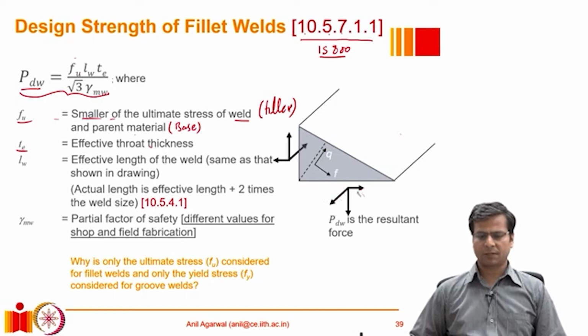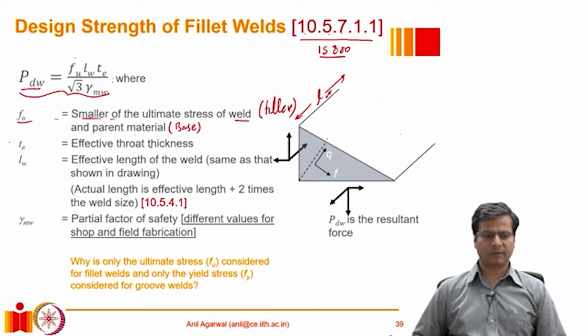We have already discussed how to calculate t_e for different types of fillet welds. L_w is the length of the weld in this longitudinal direction. That is an obvious thing, because as this is the width of the critical section, there will also be a length component, and together they will form the critical cross-section area.